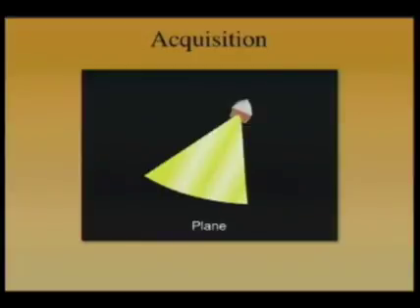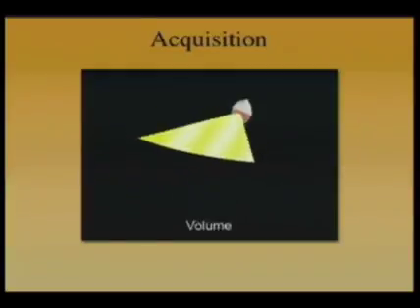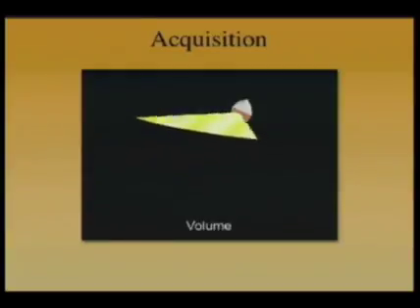As you know, acquiring ultrasound for two-dimensional imaging requires a transducer that images a plane of section that's illustrated here. However, to acquire a three-dimensional volume, that plane has to be moved through a three-dimensional space, and that's illustrated by this animation.